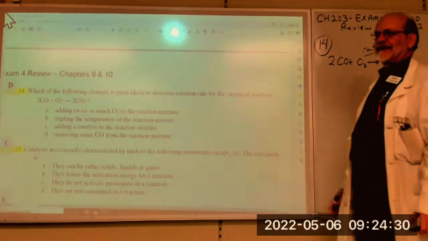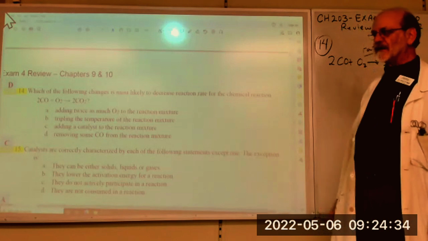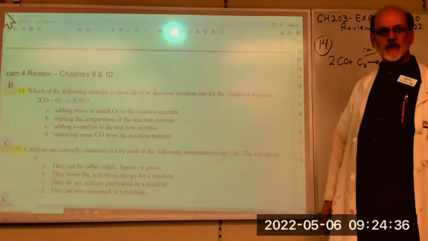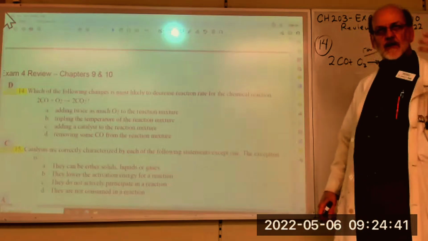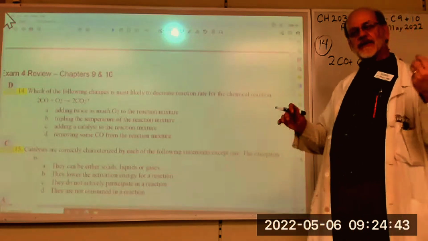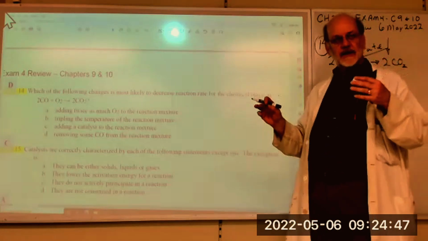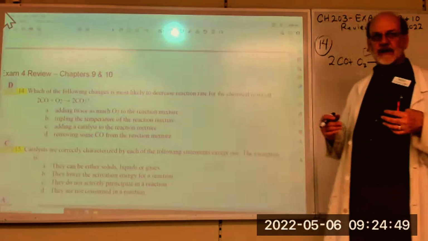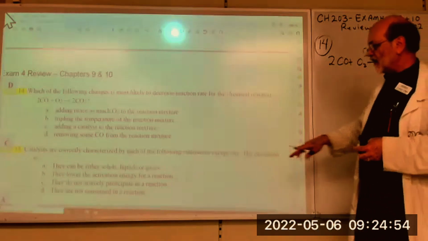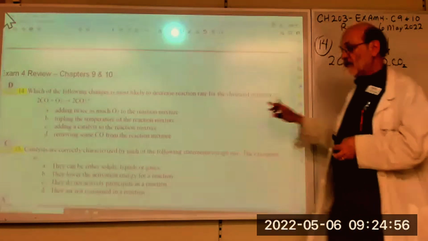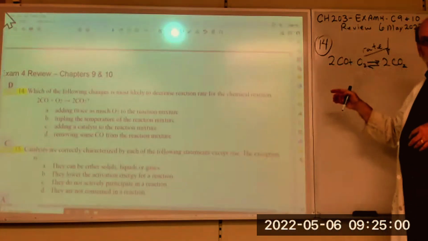It's more intuitive than it is quantitative, because we know that equilibrium is a separate topic from kinetics. Those are two different topics, but they do have some overlap. And I think that's what we're getting at here. We know that the equilibrium will shift. If we remove some of this and it's already at equilibrium, then it'll go backwards.